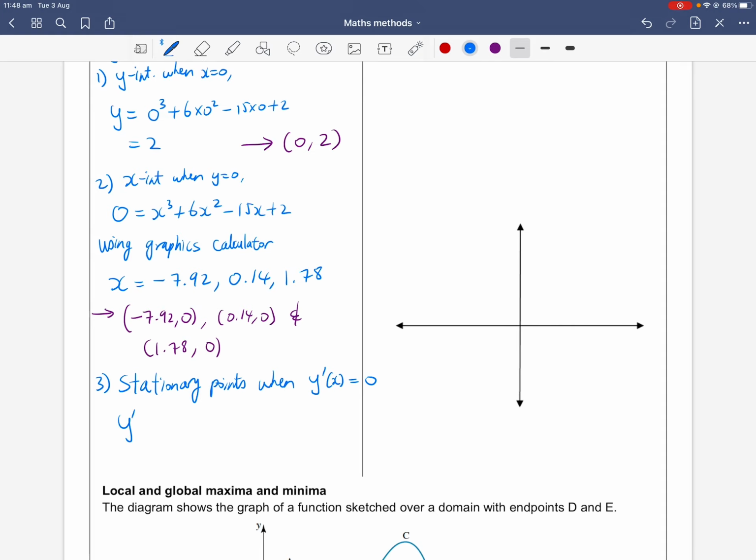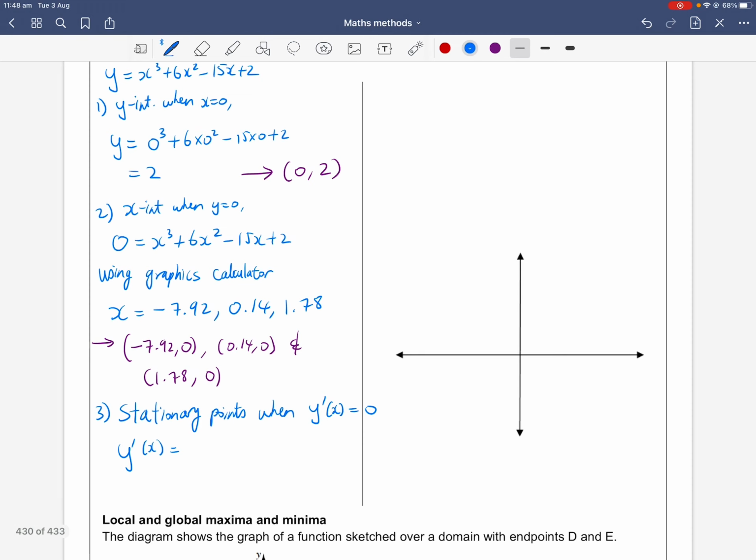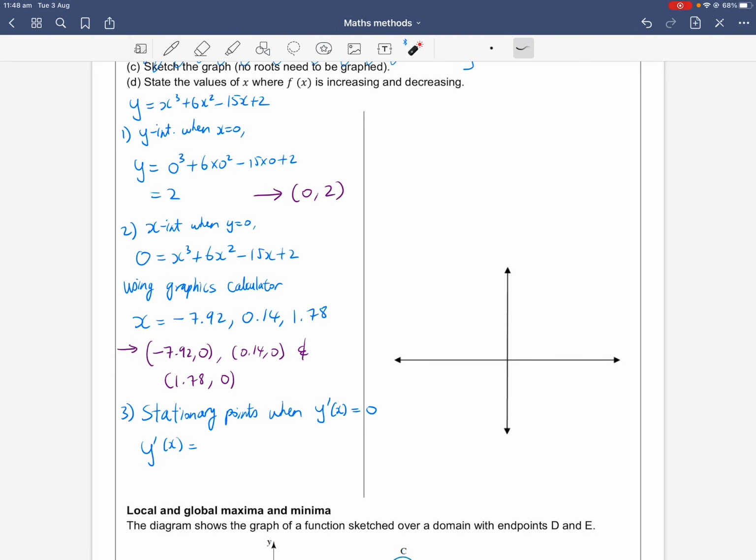So we need to work out what y dash is. We go back to our original function. We have x cubed, so we differentiate x cubed and get 3x squared. If we differentiate 6x squared, we get 6 times 2, which is 12x. Minus 15x becomes minus 15, and then the 2 disappears because it's constant. So let's set that to 0.